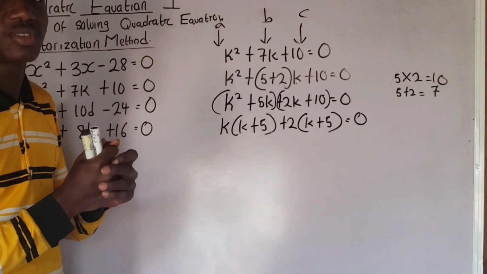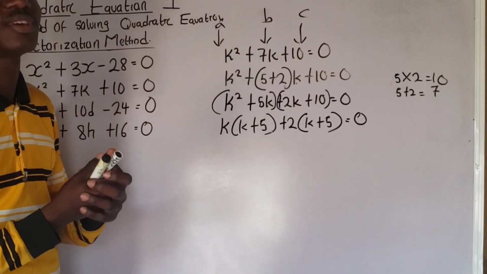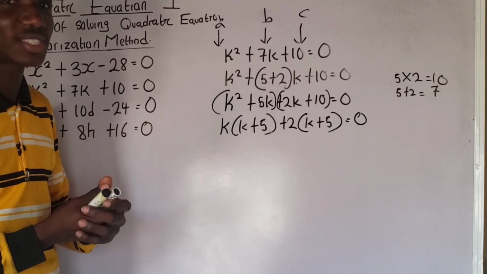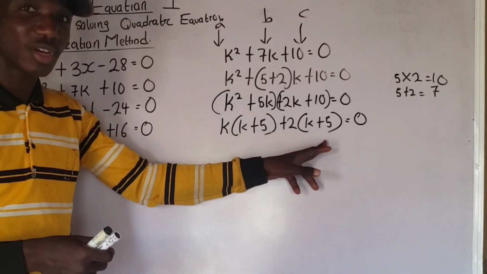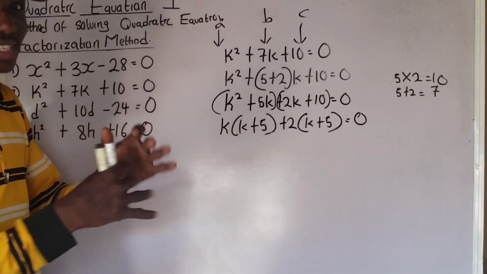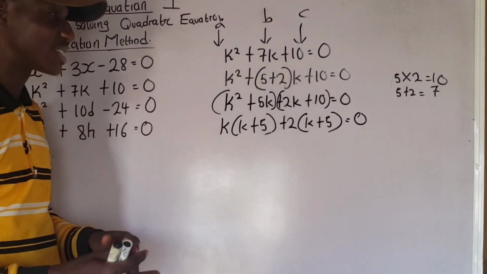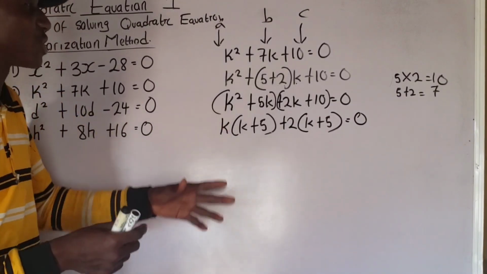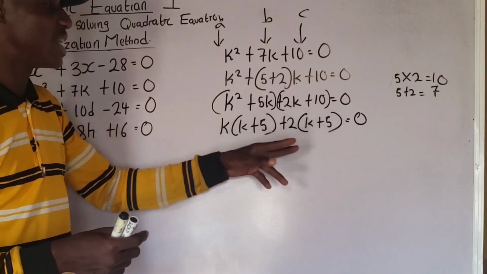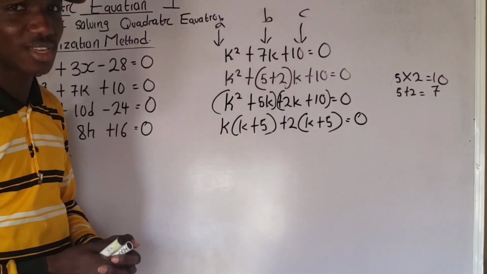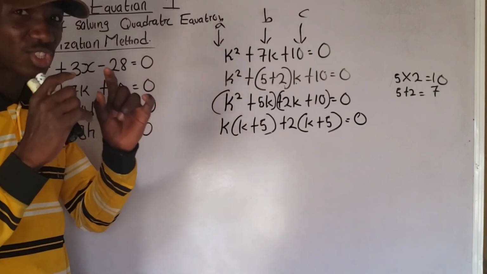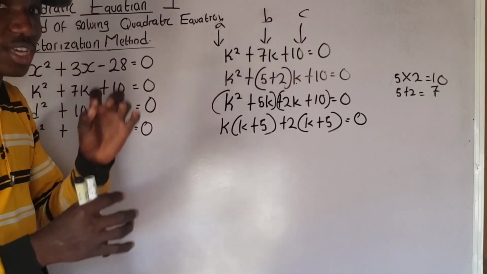When you are dealing with a trinomial quadratic equation, the value that you have here must be the same as the value that you have here. Just use that as an aid. Also, if by the time you factorize you get another value in this bracket and another value in that bracket, know that something is wrong. So when you are factorizing, pay attention to each detail in the term.